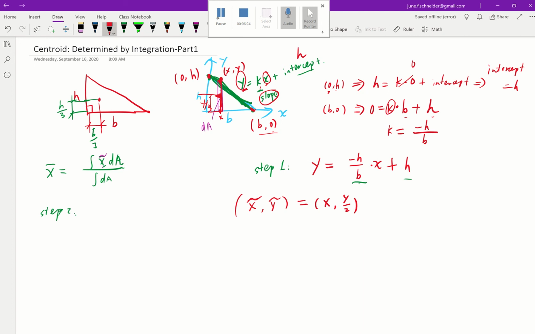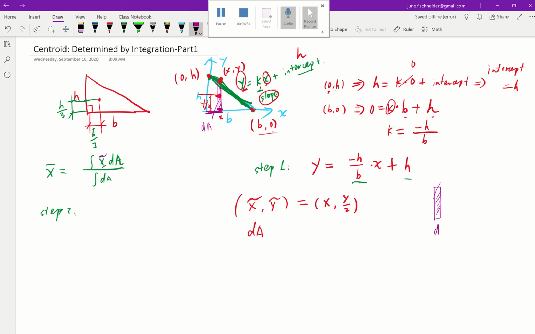Now the next thing we need to figure out is dA, the area of this purple rectangle. So what's the length here? It's no longer x. X is from here to here, and this, however, is going to be dx, right?